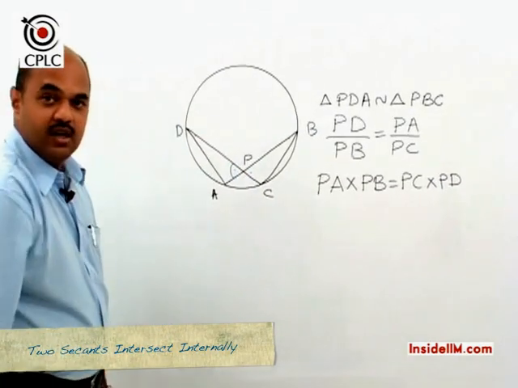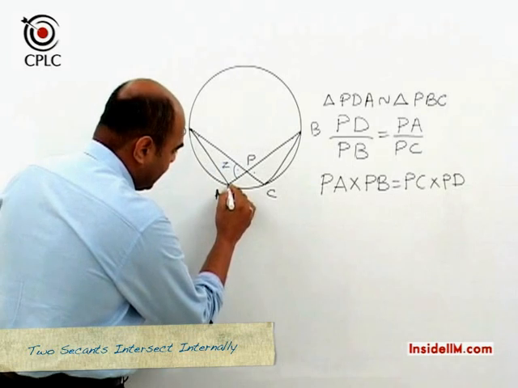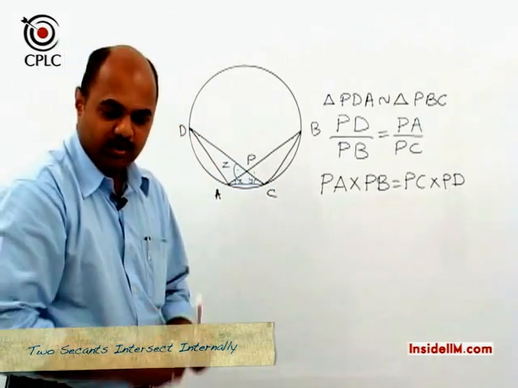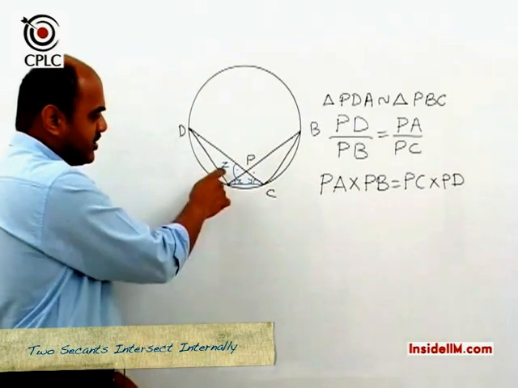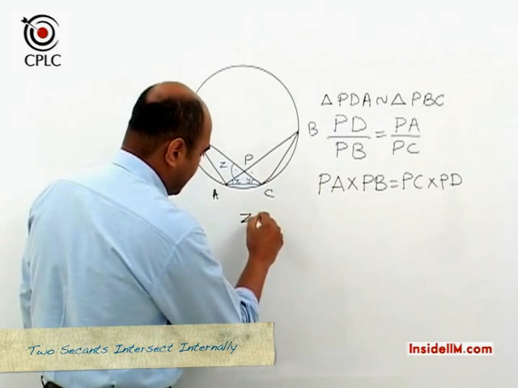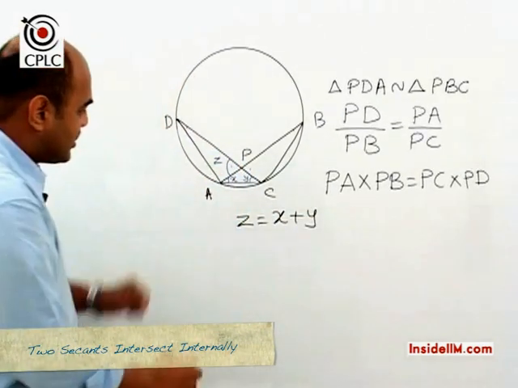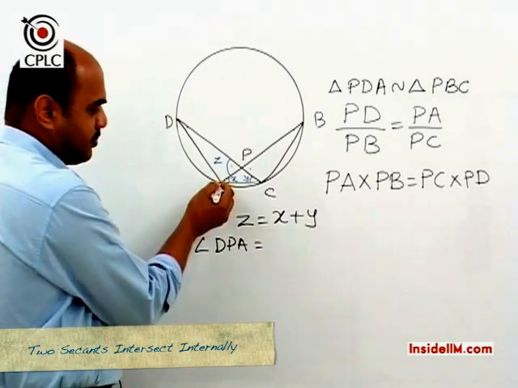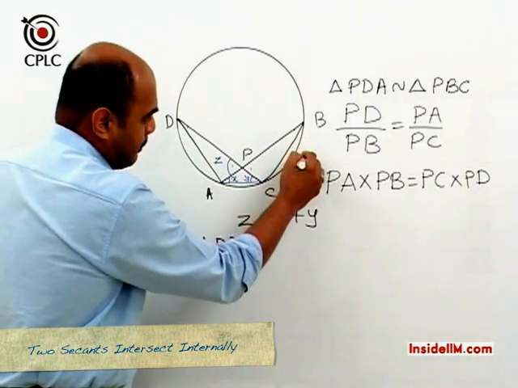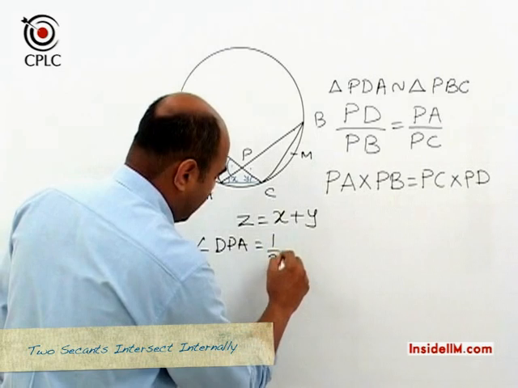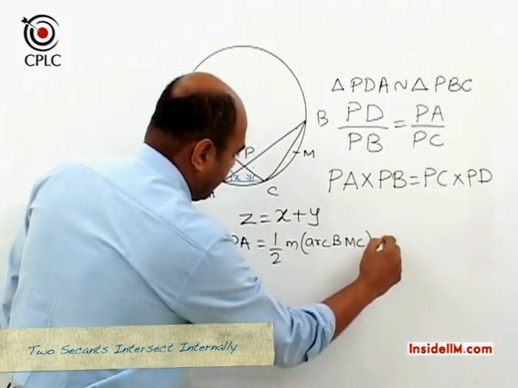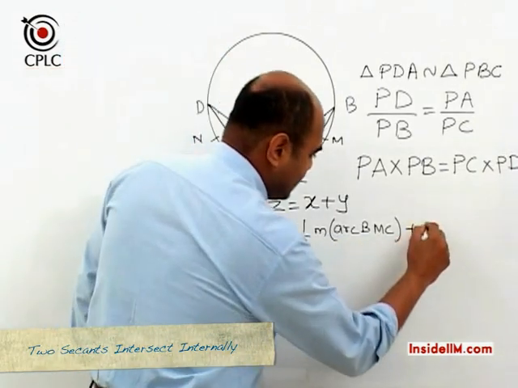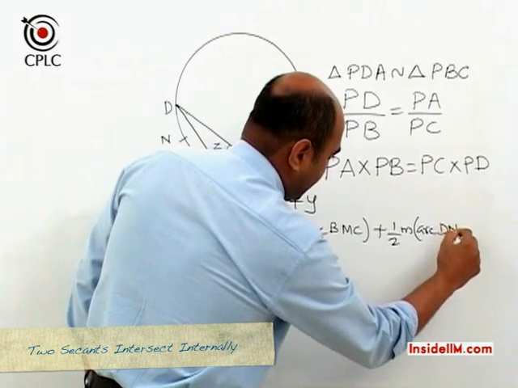Suppose we want to write a formula for this angle, let's call it Z. If we join AC and say that this angle is X and this angle is Y, then in this triangle PAC, Z is the exterior angle, and hence Z is equal to X plus Y. Z is nothing but angle DPA, X is angle subtended at point A by this arc BMC, and hence we would write half measure of arc BMC, and Y is angle subtended at point C by this arc DNA, and hence here we would get half measure of arc DNA.